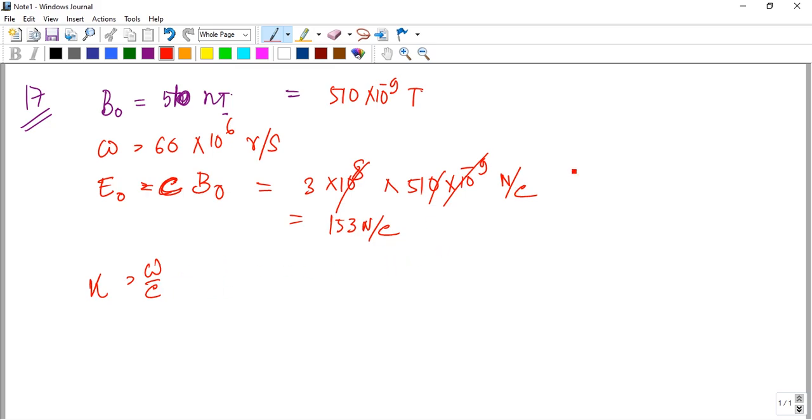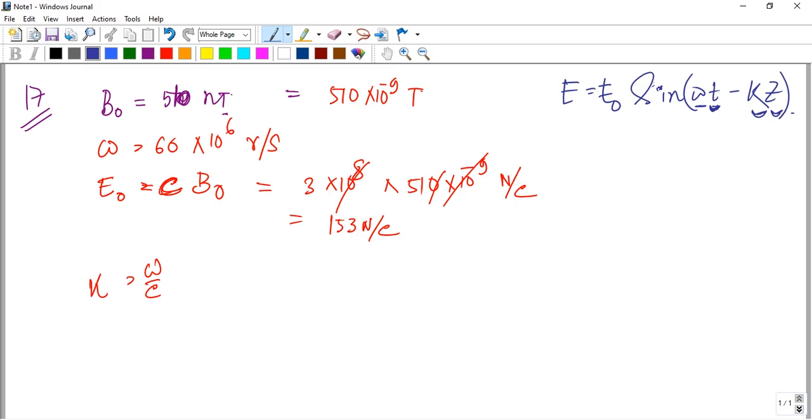Why are we solving this? Because the formula is E equal to E naught sine of omega t minus kz. Here t is time, k is the wave vector and z is the direction.